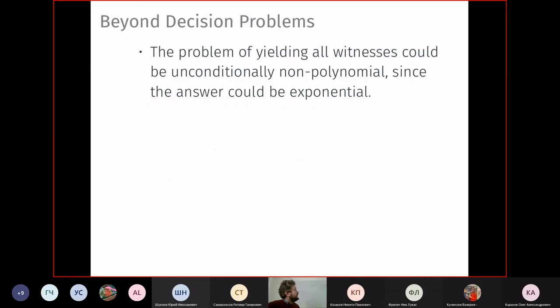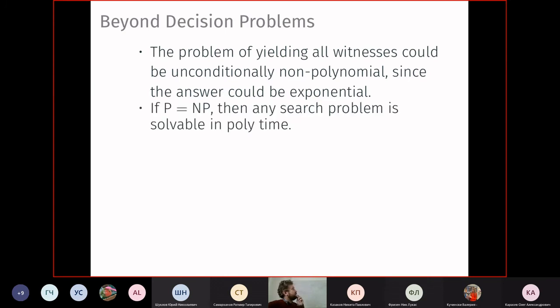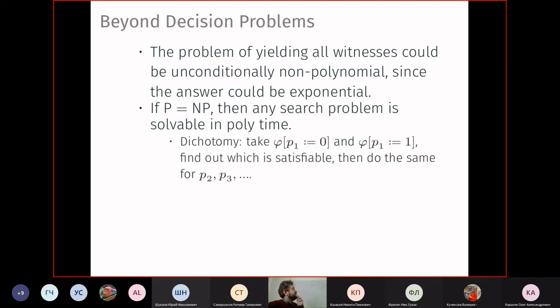So the next thing you could ask is a search problem. And actually, if P is equal to NP, then any search problem is also solvable in polynomial time. And this is done by dichotomy. If your formula is satisfiable, you can take two possible cases for p1: p1 equals 0, p1 equals 1.